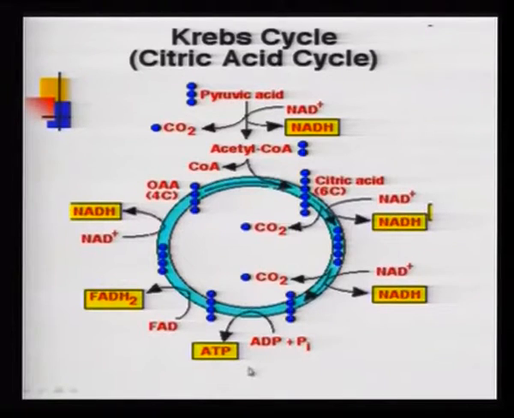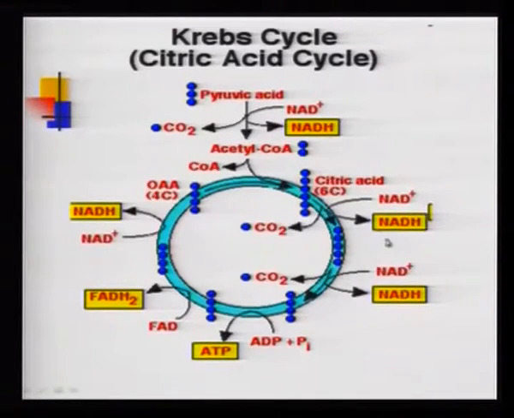In this particular stage, when succinyl CoA is further converted into other 4-carbon compounds, ultimately producing oxaloacetate back, it also produces an ATP. Friends, I would like you to count the number of hydrogens removed from pyruvic acid while it is entering the Krebs cycle. Yes, count them.